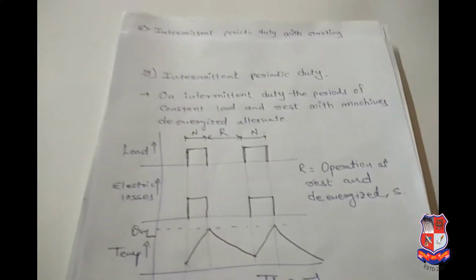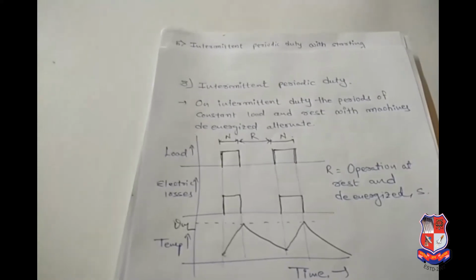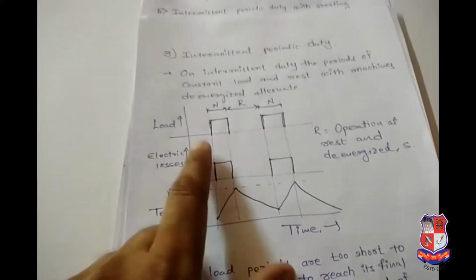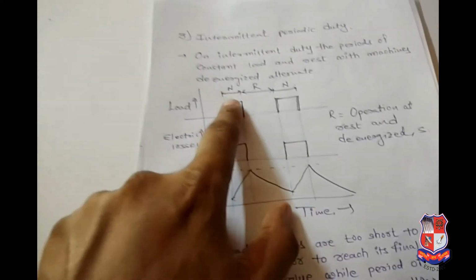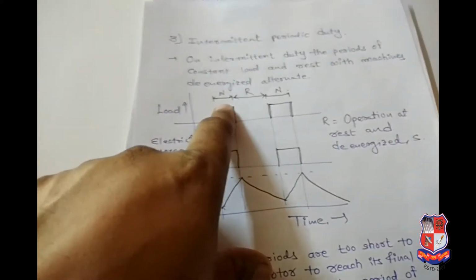So in intermittent duty, the periods of constant load and rest, during which the machine is de-energized, alternate. As shown in this graph, here at the end is the operation under rated load, and this is the rest period.